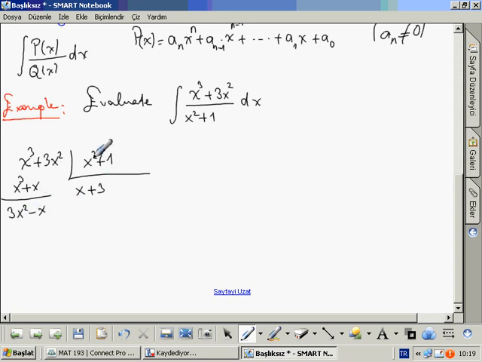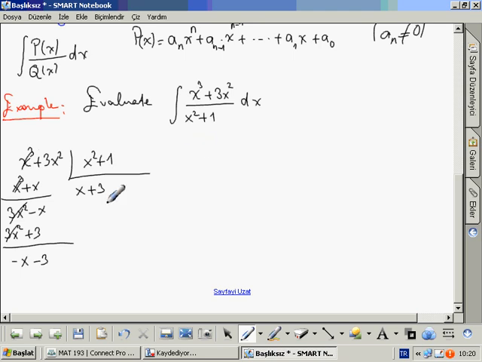And so 3x squared plus 3, so this part will be, and the remainder is minus x minus 3.